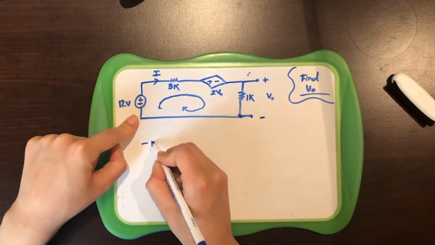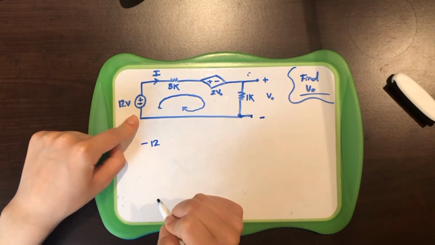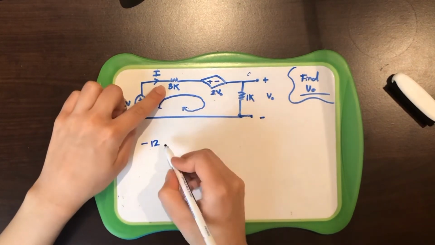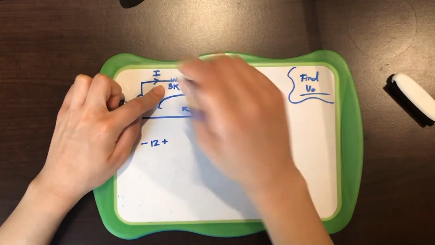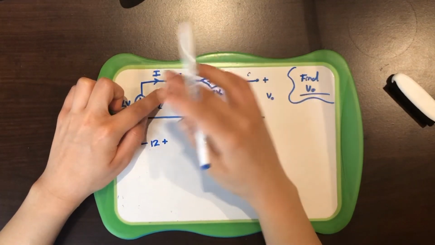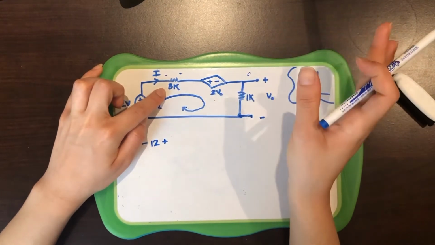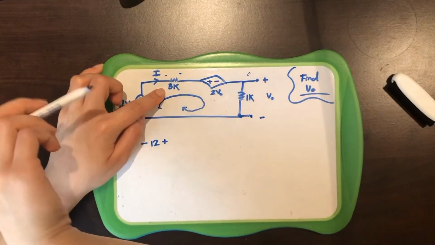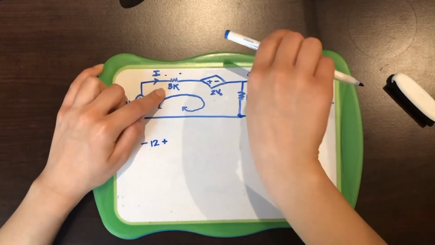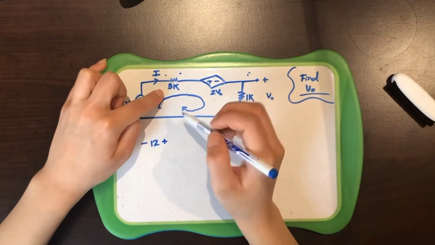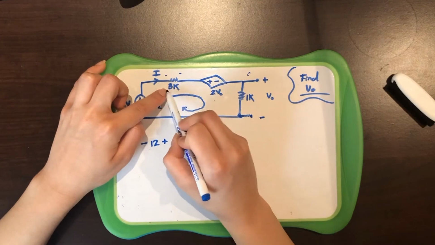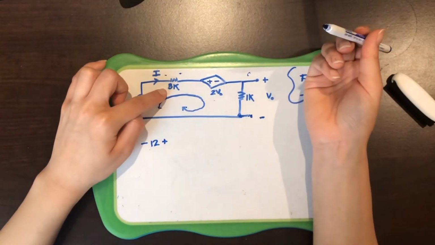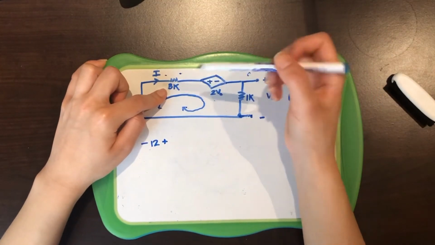So we have negative 12 volts plus, because the current is moving in this direction, right? So the voltage drop across this will be positive, because we're assuming that the current is positive and in this direction. So if we assume that, we just have to write the voltage drop across this. So what is the voltage drop across a resistor?